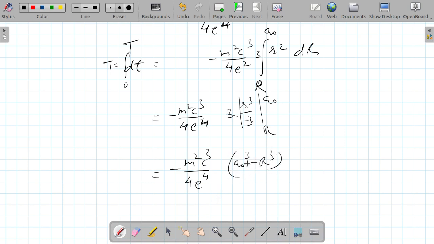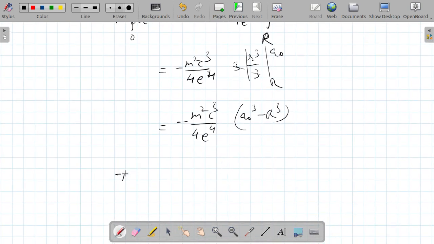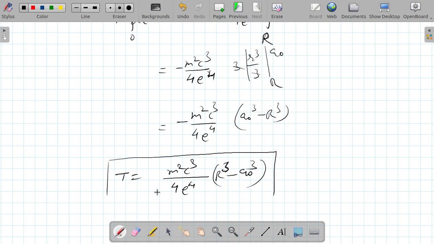So if I take the negative from here, then this negative sign will cancel out. So finally, this T is equal to m square c cube over 4e raised to power 4 times R cube minus a naught cube, right? So this is the time it will take to fall into the first Bohr radius.